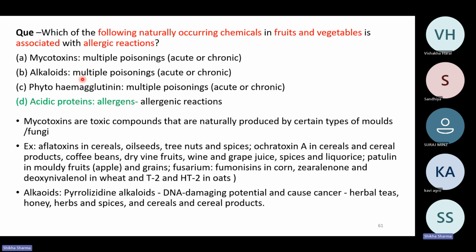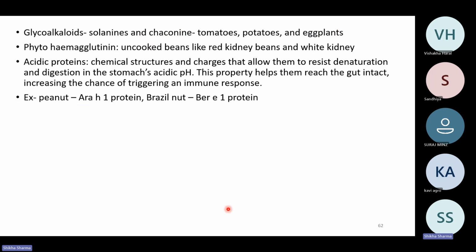Alkaloids are also compounds which produce acute and chronic poisonings. For example, pyrrolizidine alkaloids damage the DNA and cause cancer. They can be found in herbal teas, honey, herbs and spices, and cereal products.